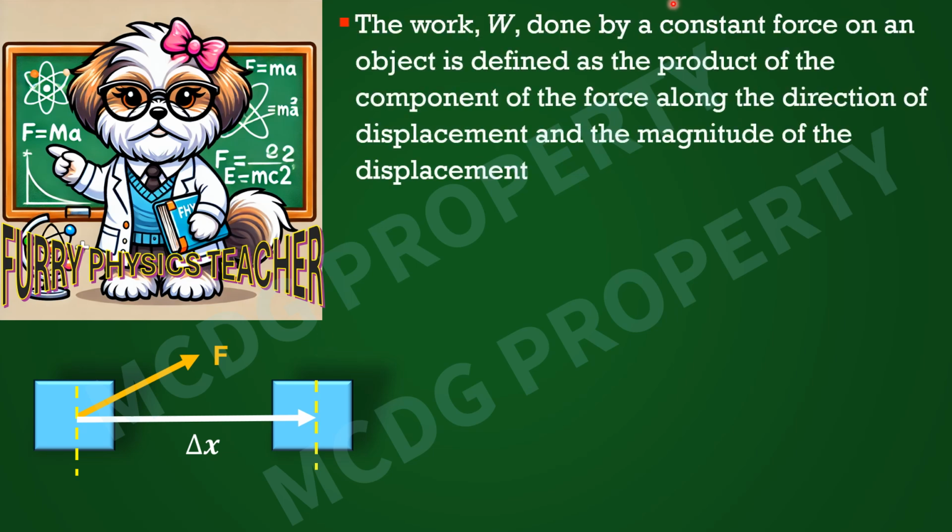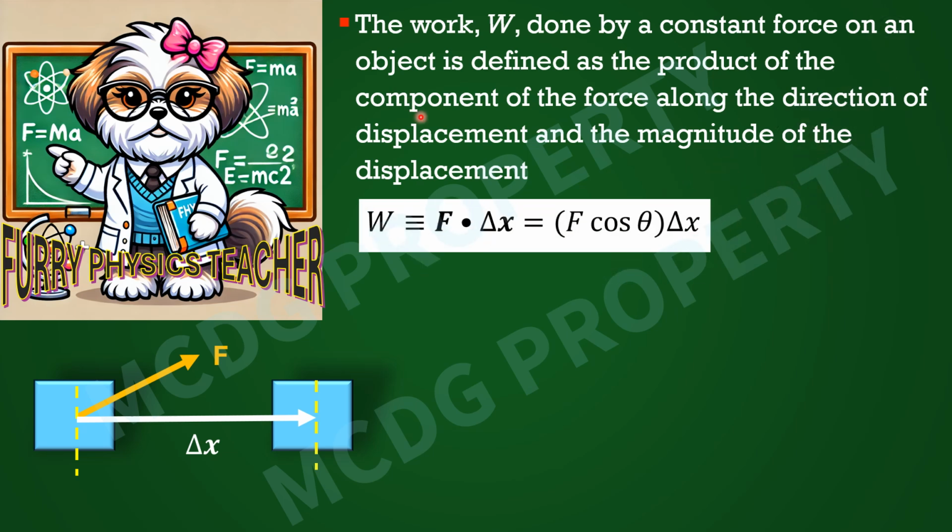The work done by a constant force on an object is defined as the dot product of force and displacement, which is the product of the component of the force along the direction of the displacement, given by this F cosine theta, and the magnitude of the displacement delta x.